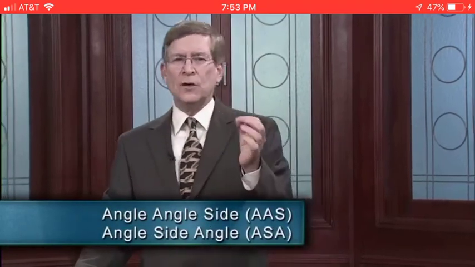Let me make some comments now about solving triangles. If you're given two angles and a side, then things are really nice because you can immediately find the third angle because the sum is 180 degrees, and then you can use the law of sines to solve the other two sides. So angle, angle, side, or angle, side, angle, those are easy cases.